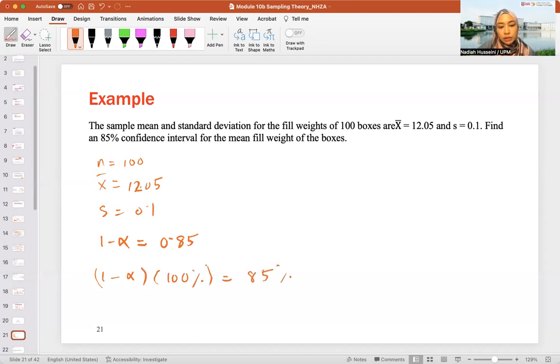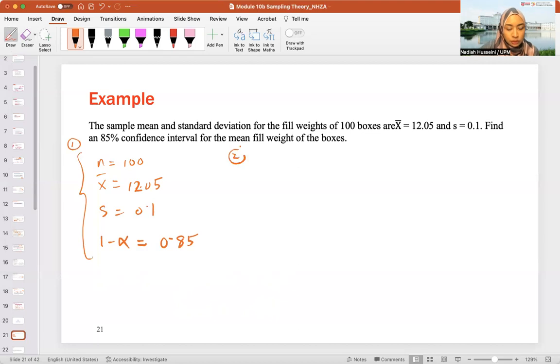So if you get rid of the percentage, you are left with the probability 1 minus alpha equals 0.85. Let's just call it probability. Okay, so I'm just going to keep it like this. This is just for your understanding. So what's the next step? This is our first step: finding out what is the confidence interval that they want. This is step number 1.